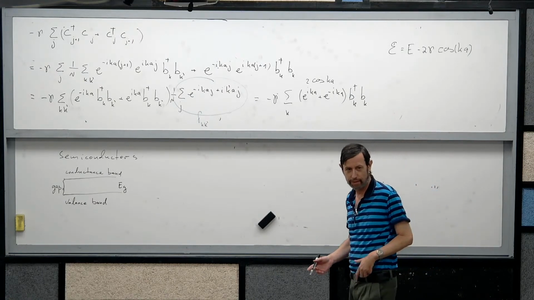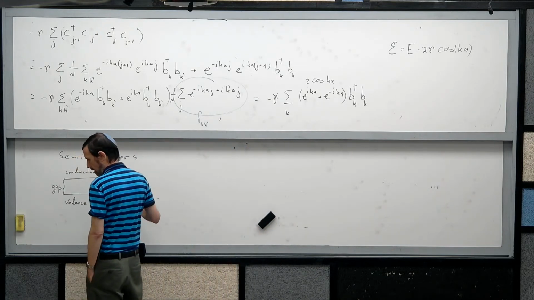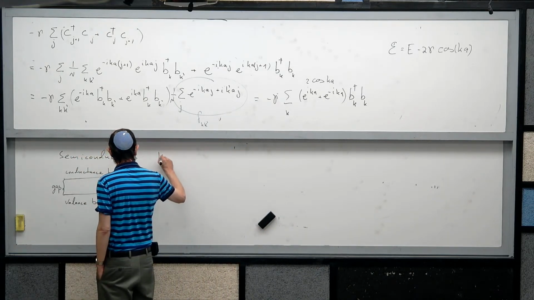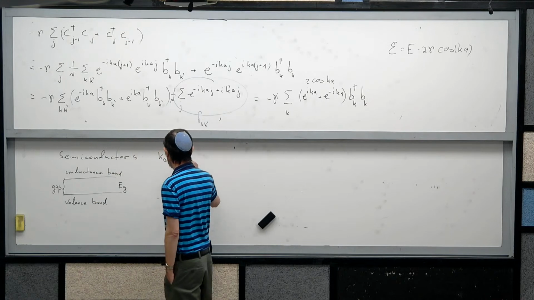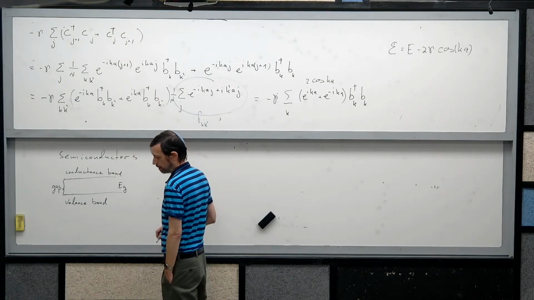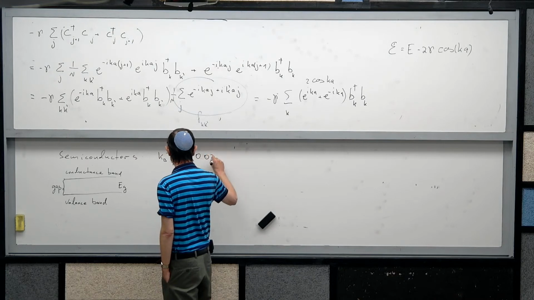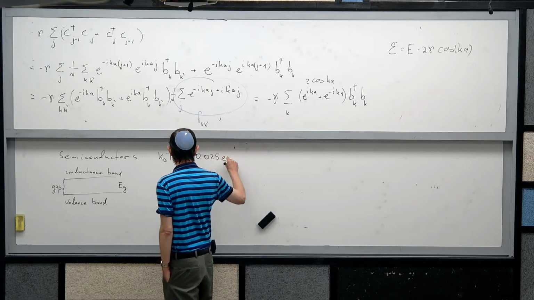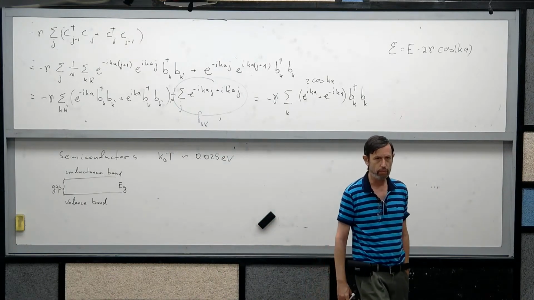We don't have anything else. So as long as we are looking at an energy scale of kBT, which is typically around 0.025 electron volt.